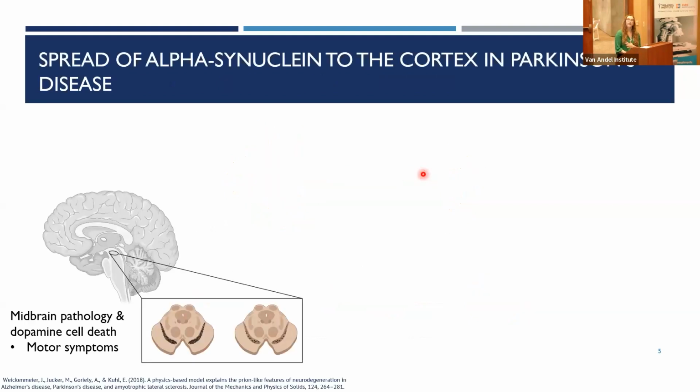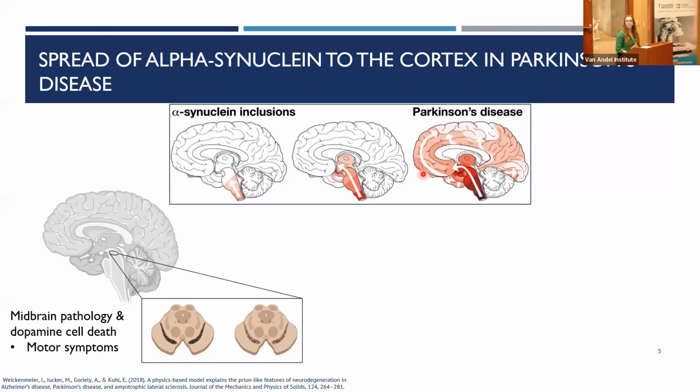So we know that alpha-synuclein aggregates and causes the dopamine cell death in the midbrain and substantia nigra specifically. And that's where we see the onset of those motor symptoms. But what's less talked about and is becoming an active area of research is actually the spread of these alpha-synuclein aggregates out of where the substantia nigra is in the midbrain here, out into the outer regions of the brain and the cortex.